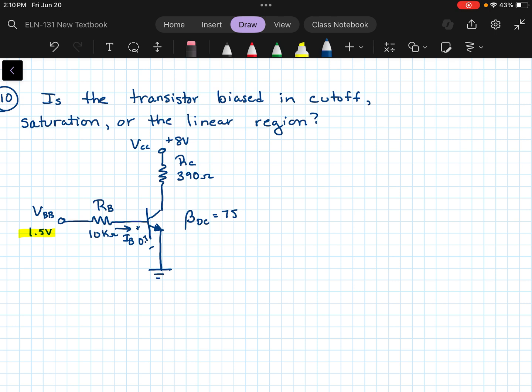Because what we would have is 1.5 volts minus the 0.7 would give us the 0.8 volts drop across RB. So if the voltage drop across RB is 0.8 volts, that would mean that IB would be the 0.8 volts divided by the 10 kiloohms.